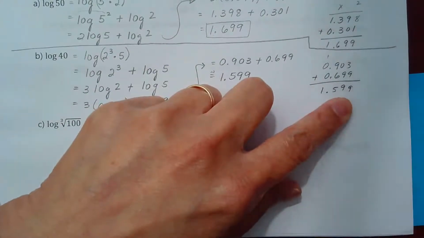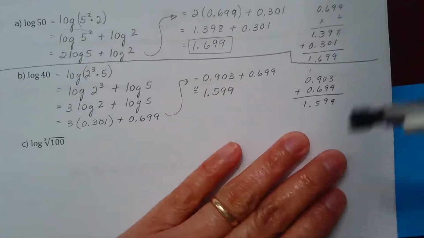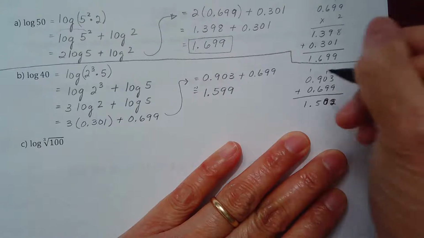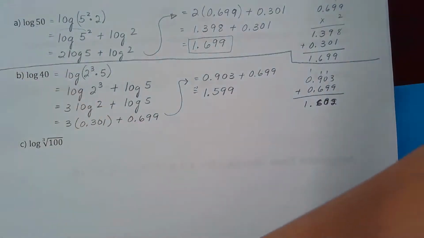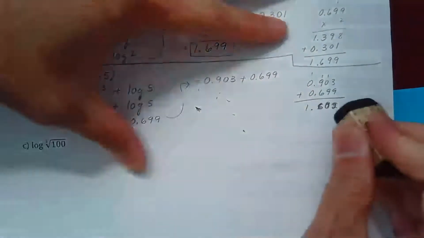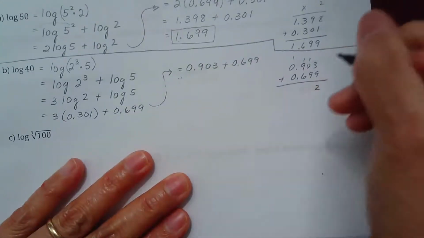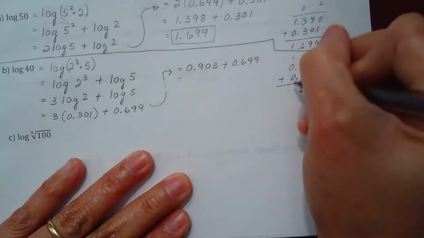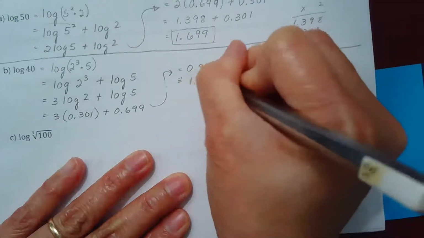Oh, I made a mistake right here. Oh no, error. That's going to give us 12, 10, 16, it's going to be 1.602.